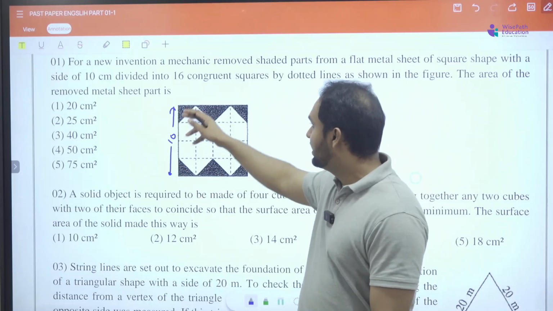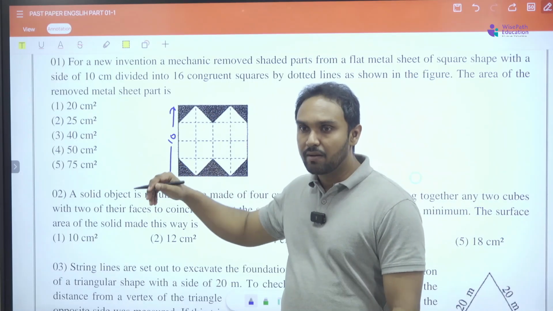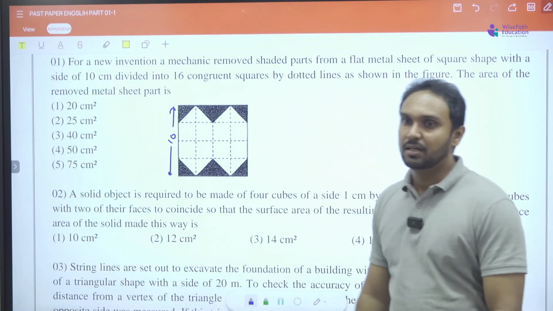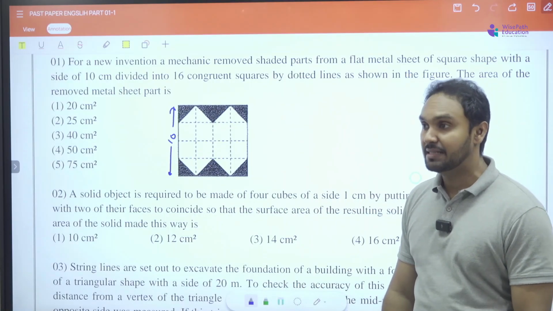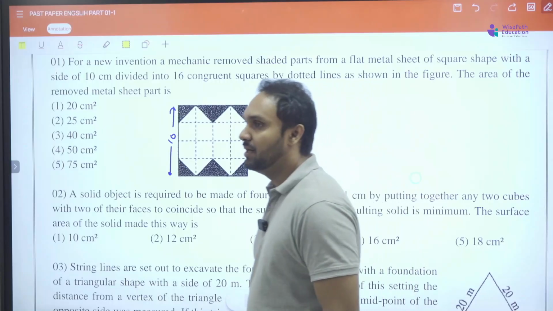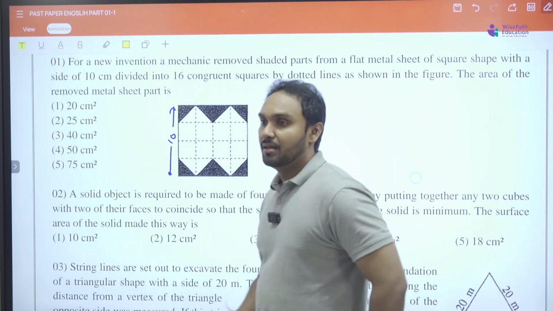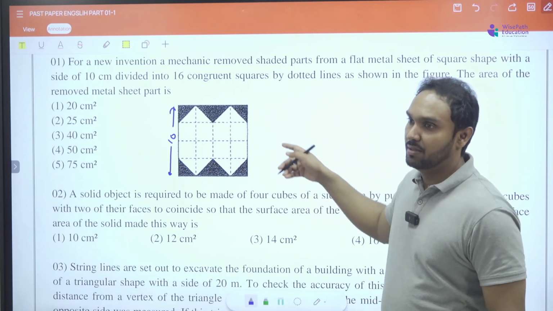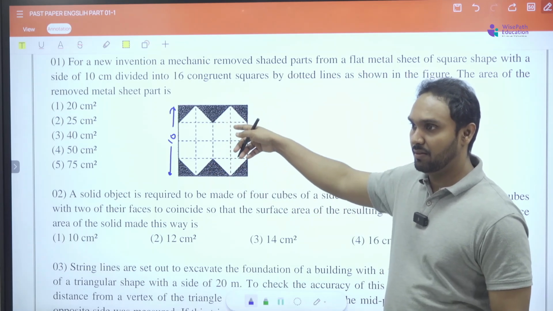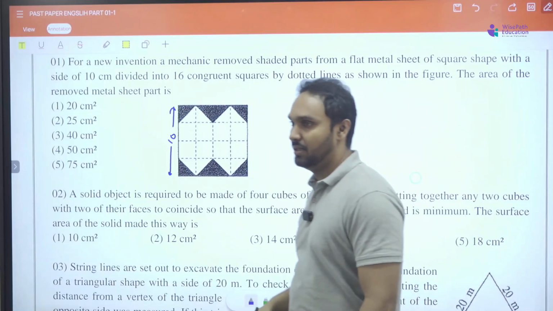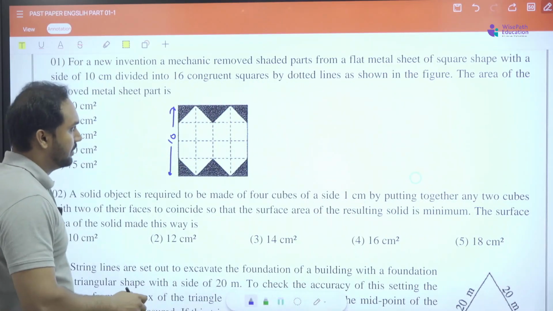Now the complete area is 100, and 100 is divided into how many equal squares? That is 16. So 100 divided by 16 is one square, and you multiply it by the number of shaded squares, which is 4 squares. You get the shaded area, isn't it? So how do you do it?